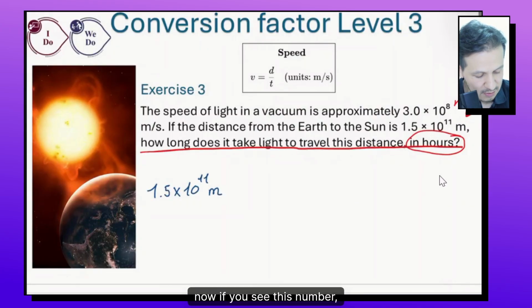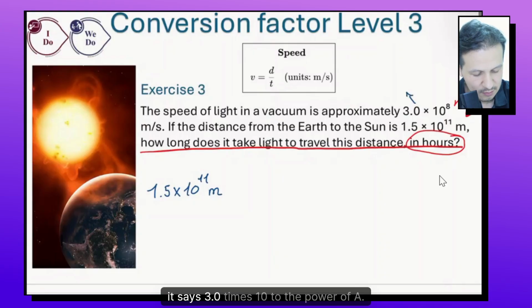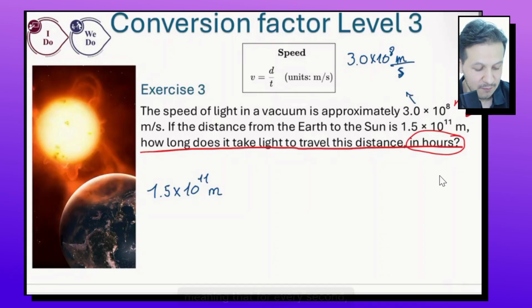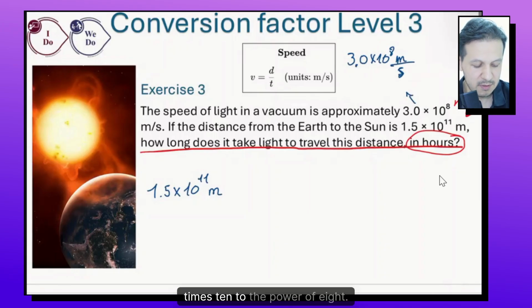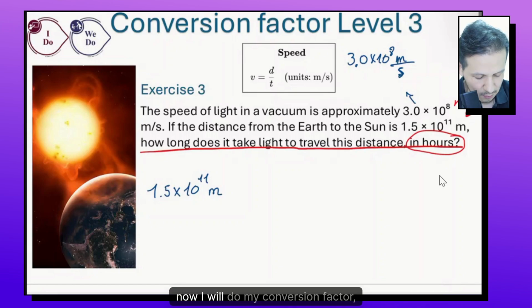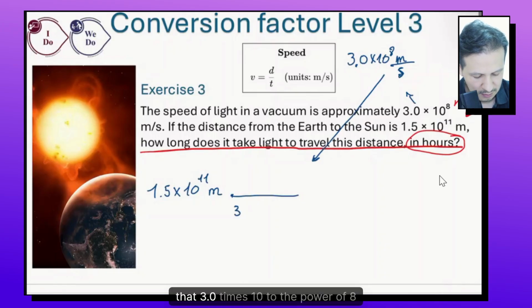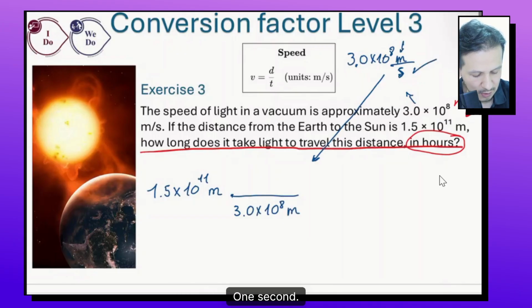Now, this number says 3.0 times 10 to the power of 8, and the unit is meters over second, meaning that for every second, we cover 3 times 10 to the power of 8 meters. Now I will do my conversion factor, and I will transfer the unit here. I know that 3.0 times 10 to the power of 8 is attached to meters. See, I put meters down. How many seconds? 1 second.